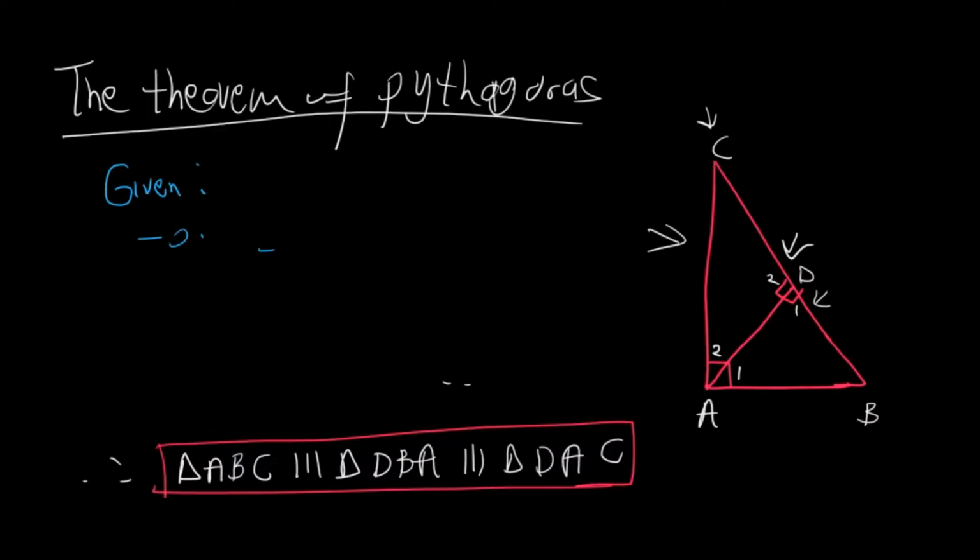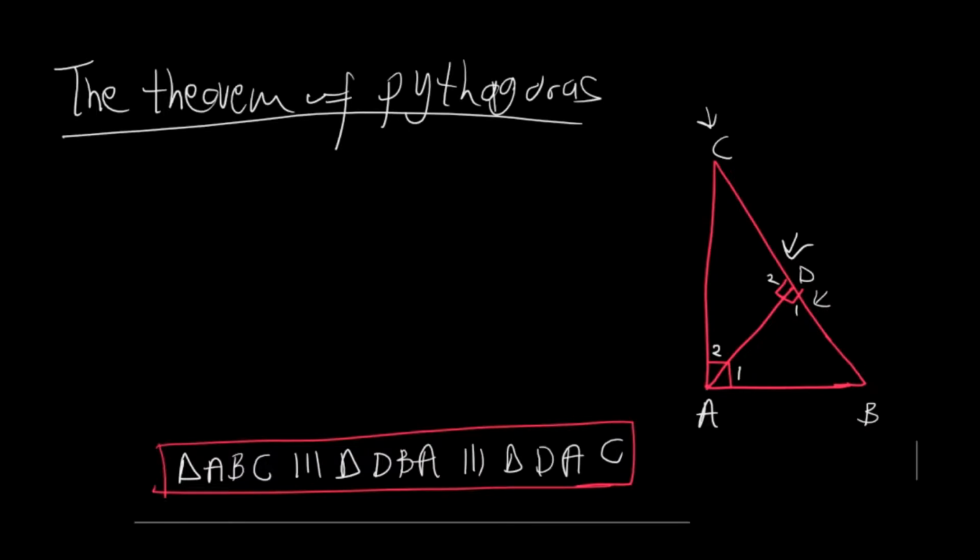So once you understand this Theorem of Pythagoras, then the last question of your Euclidean geometry in your paper 2 is going to be simpler. It's always in paper 2, the last question. So anyways, let me show you this. I'm just going to write this on top of here.